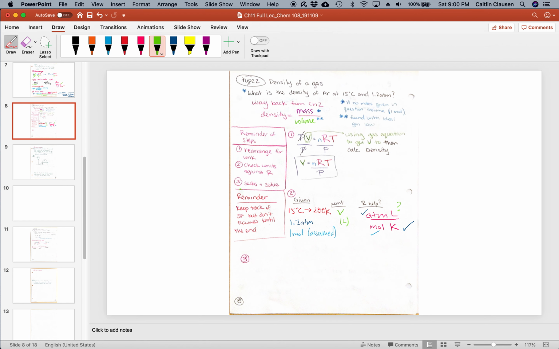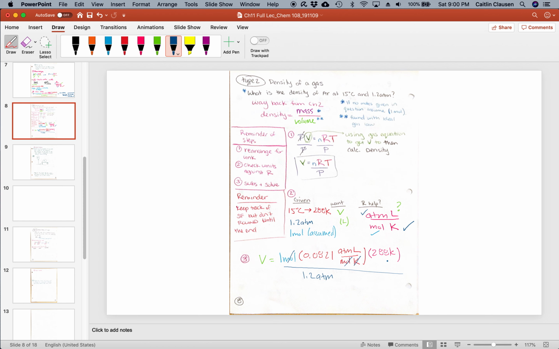So now we can plug and chug because we have all of the pieces. So we've got volume is equal to, we assumed 1 mole, times 0.0821 atmosphere liters per mole Kelvin times temperature, 288 Kelvin, all of that divided by the pressure, which was 1.2 atm.